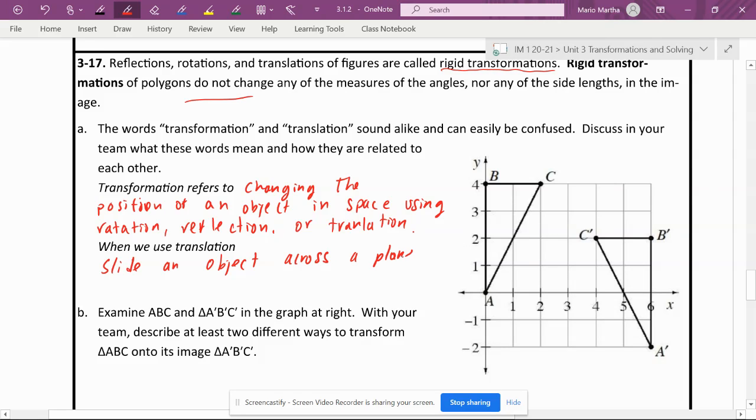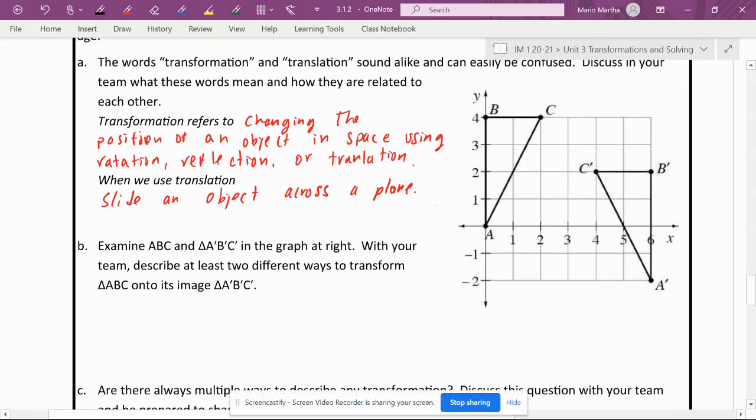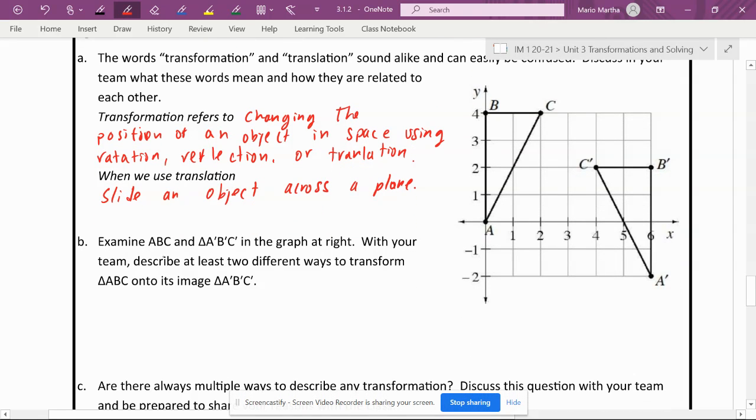All right, now let's look at question B. Examine ABC and A prime, B prime, C prime in the graph to the right. With your team, describe at least two different ways to transform ABC onto the image A prime, B prime, C prime.